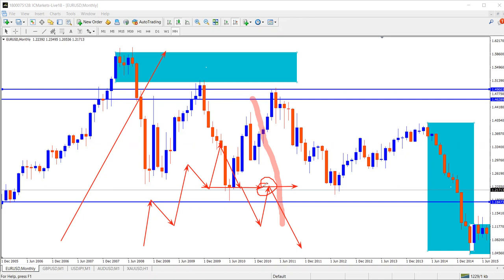If that order block breaks out, we are expecting price to retrace, respect and collect some liquidity from that area, and continue in the opposite direction of the trend.